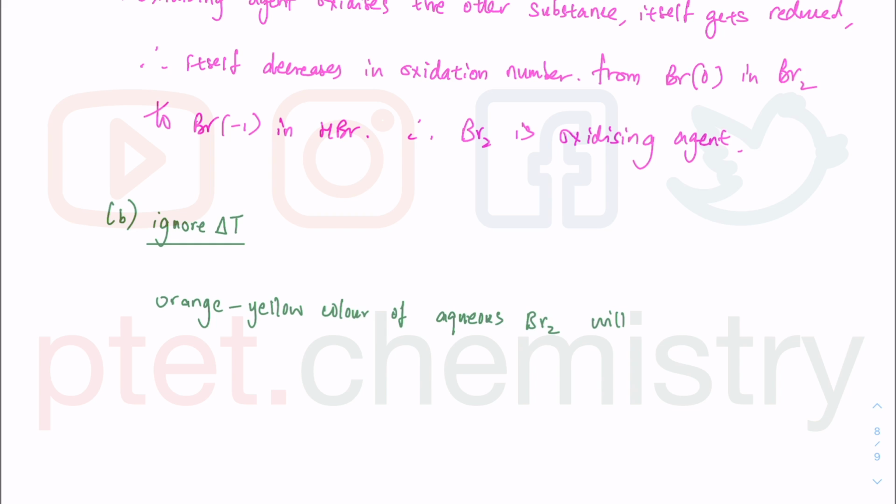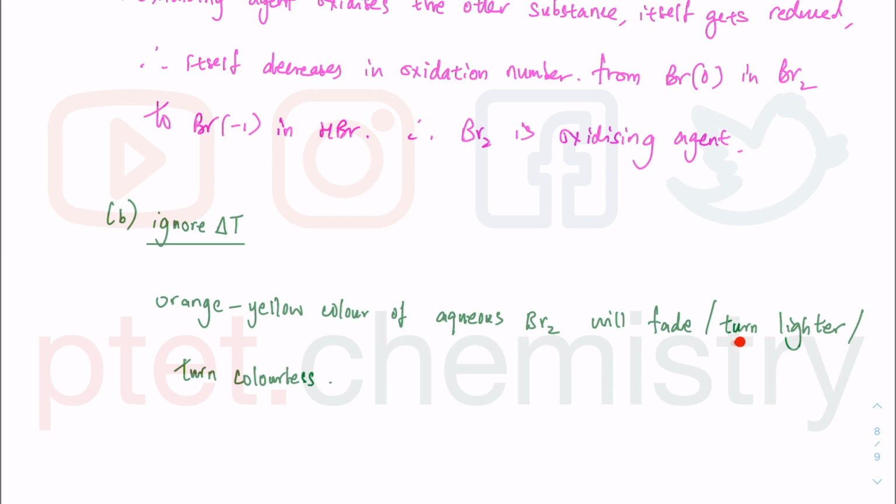The orange yellow color will fade, or turn lighter. They don't say when the reaction is finished, so it will fade, turn lighter, and eventually turn colorless when it finishes reacting, when there's no more Br2 left.